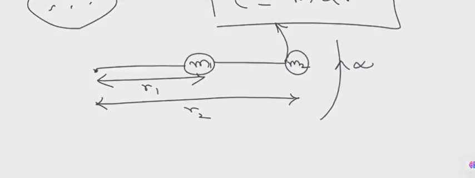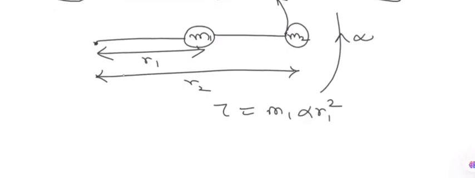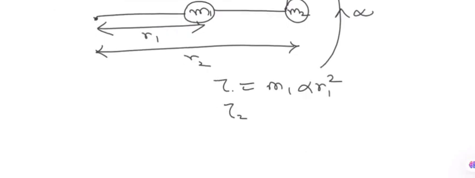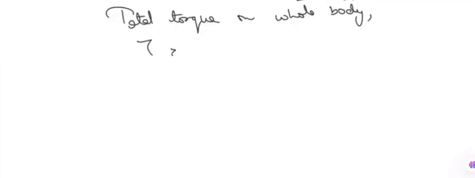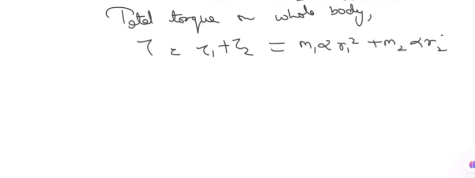So hence we can write that my torque 1 is m1 alpha r1 square for the first body, and torque 2 is m2 alpha r2 square for the second body. So the total torque on the whole body is given by torque equals torque 1 plus torque 2. That will be m1 alpha r1 square plus m2 alpha r2 square.